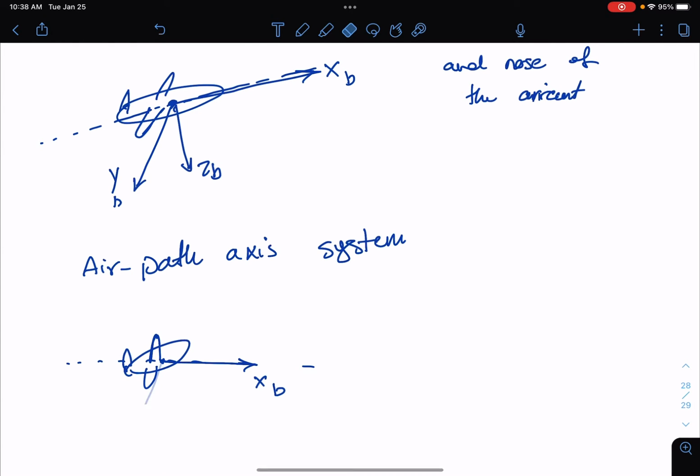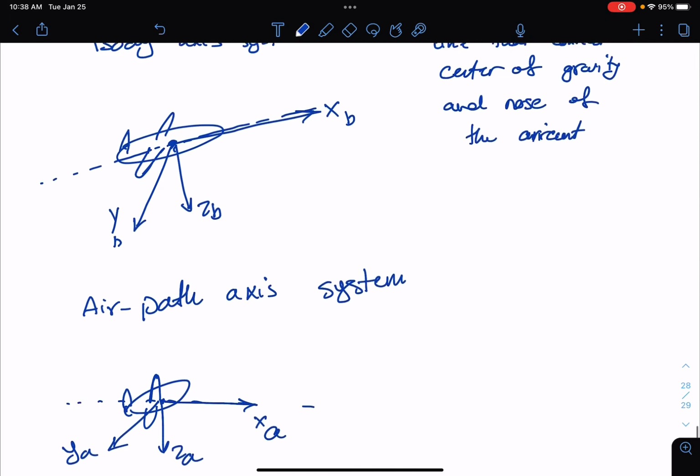Then you have x of a, z of a, and y of a. So air path axis system uses the subscript a, x of a.